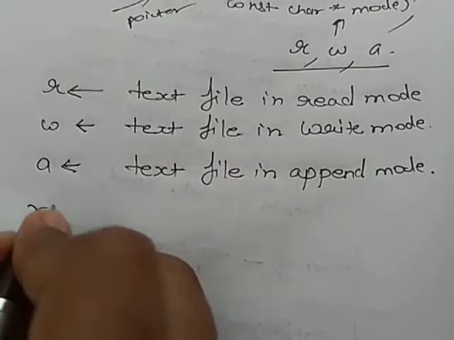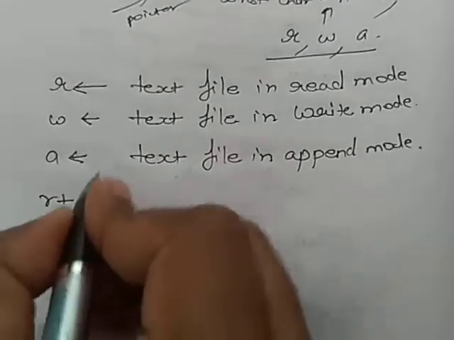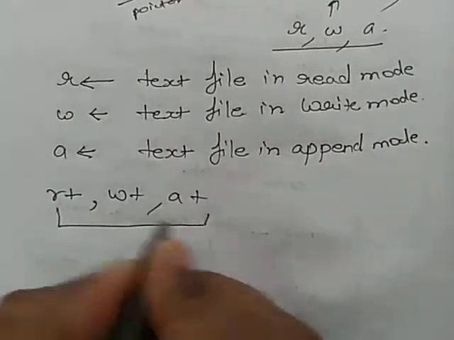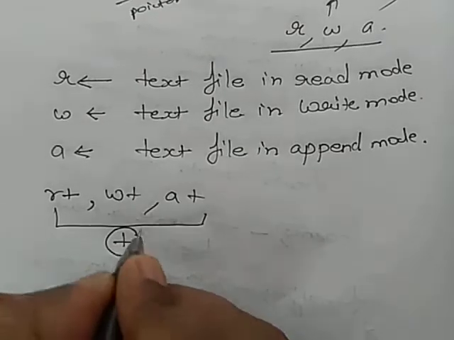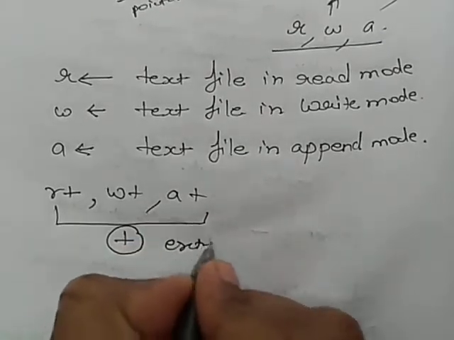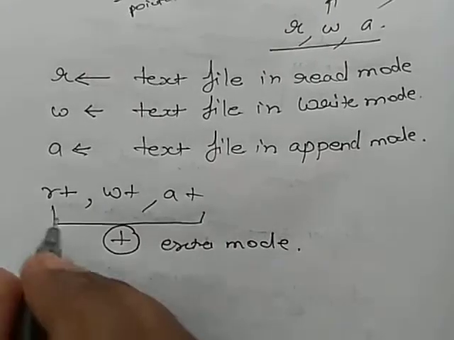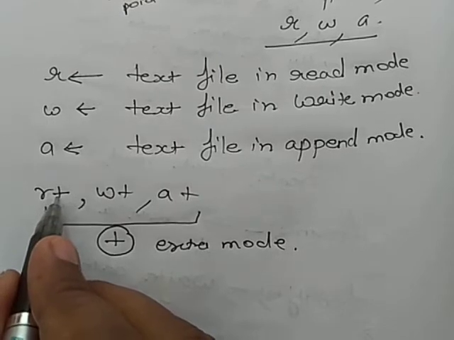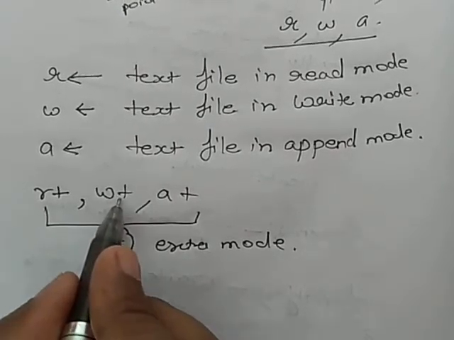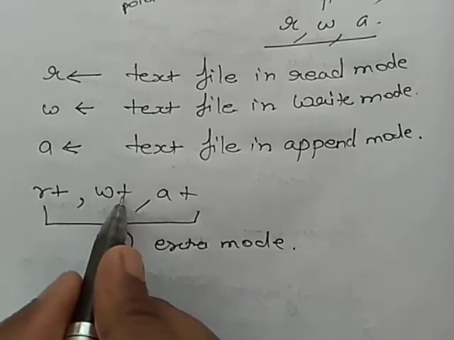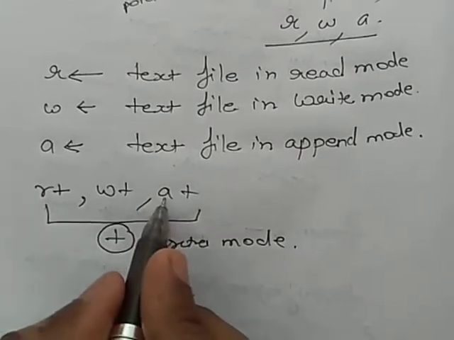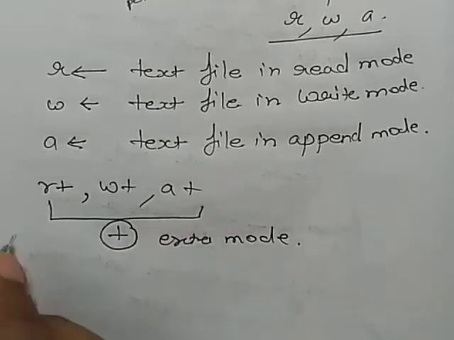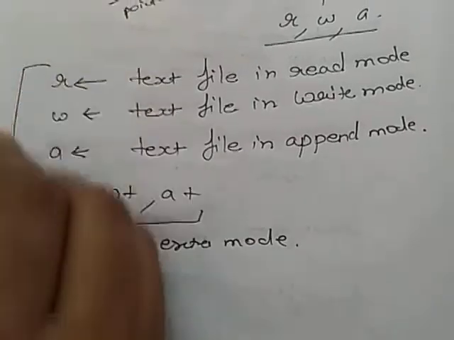Now, when we put plus with these, that is R plus, W plus, A plus, here the plus stands for extra mode. That is, with R plus, we can read a file as well as write a file. With W plus, we can write a file as well as read a file. With A plus, we can append a file, which means we can read a file and write a file. This is the text mode.